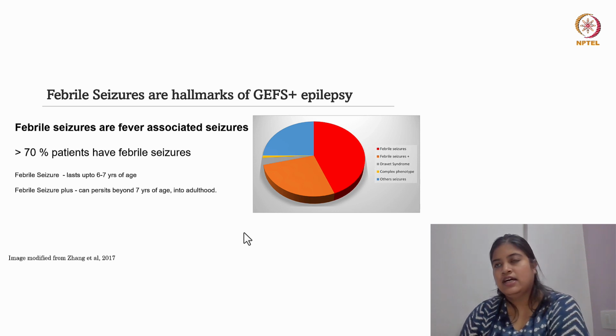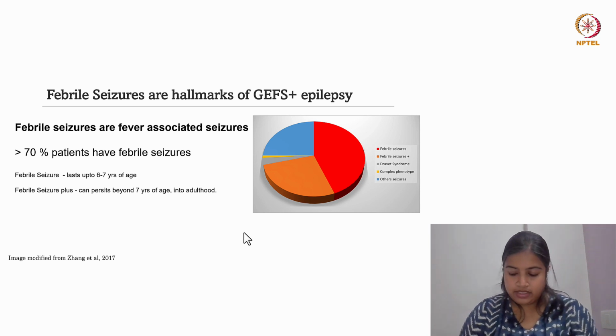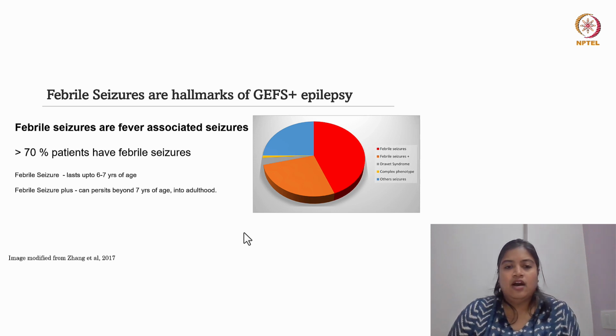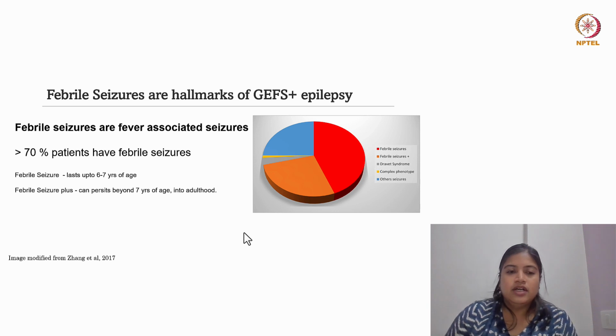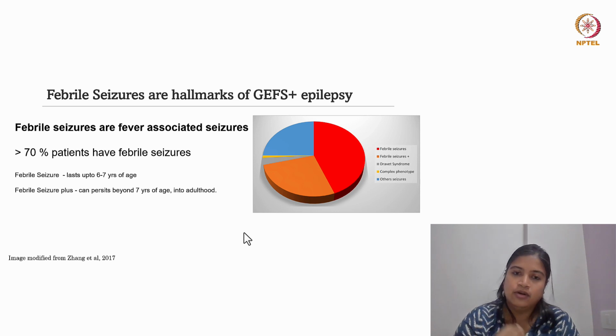Febrile seizures are presented generally when the patient has fever or high body temperatures. Now, according to a survey, almost 70% of GEFS plus patients have febrile seizures. It could be a mix of febrile seizures and febrile seizure plus. But fever-induced seizures seem to be a hallmark and have been seen in all families and all patients with GEFS plus.